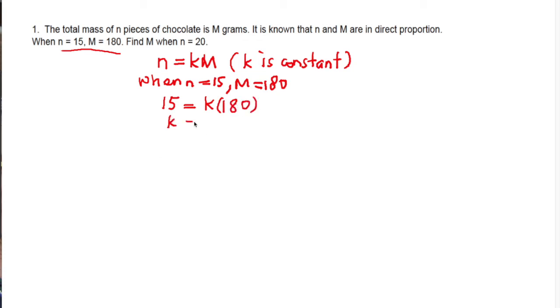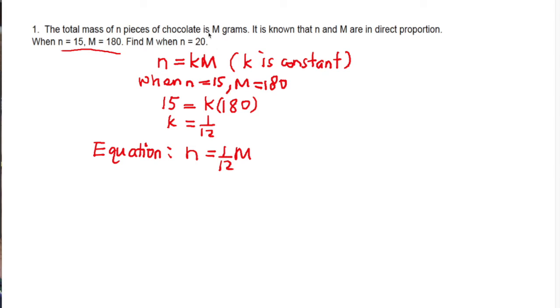That gives us k equals 1/12. Having found k, now we know the equation, which is n equals 1/12 of m. That is by substituting k into the original equation to get the actual equation.